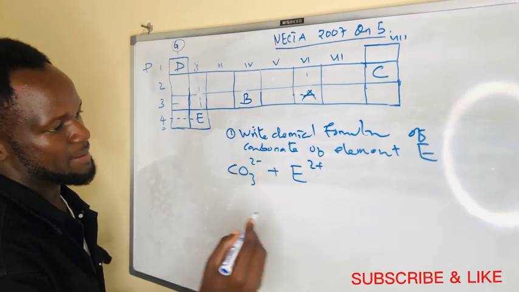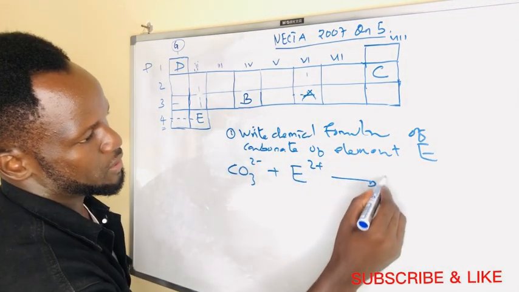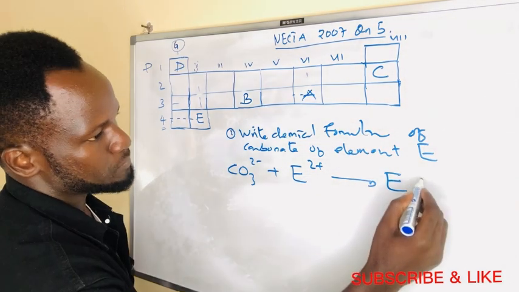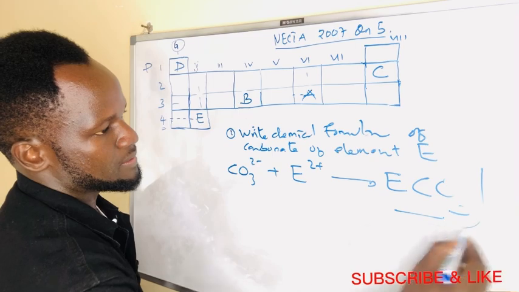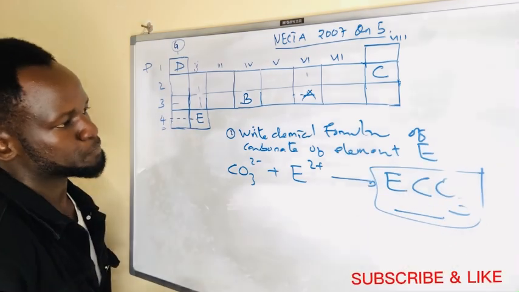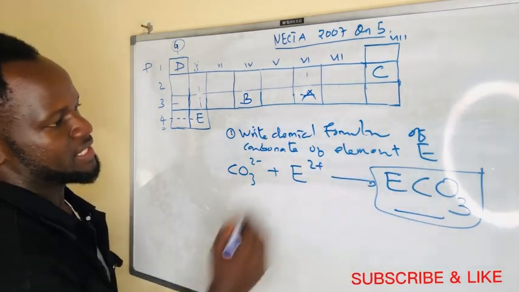So the charges are balanced, and then you join them, which gives ECO3. This is the chemical formula of the carbonate of element E.